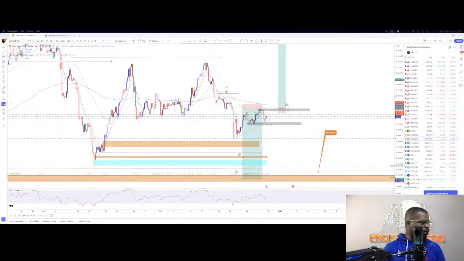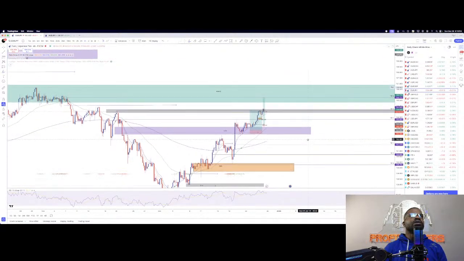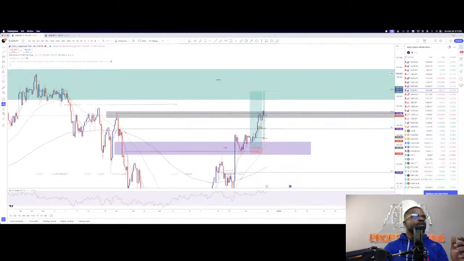So we traded Euro JPY. We took a buy. Okay, cool. So our Euro JPY buy hit TP1 and TP2. Nice trade. Win.